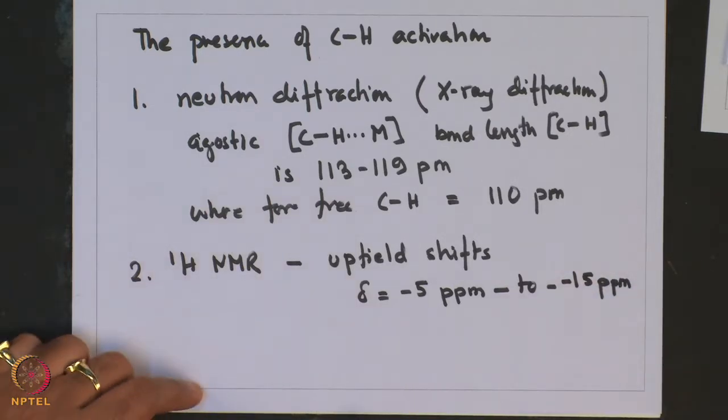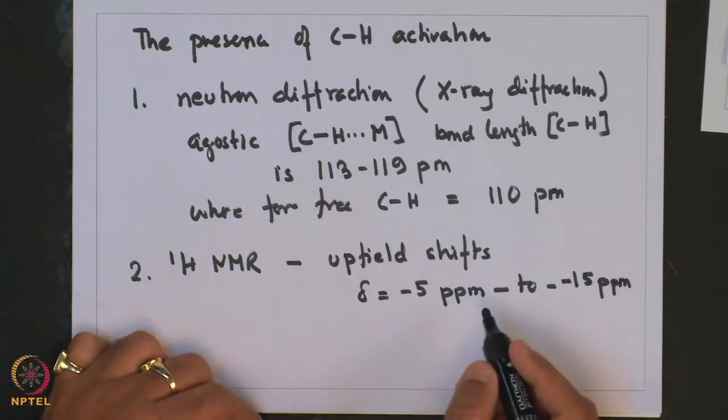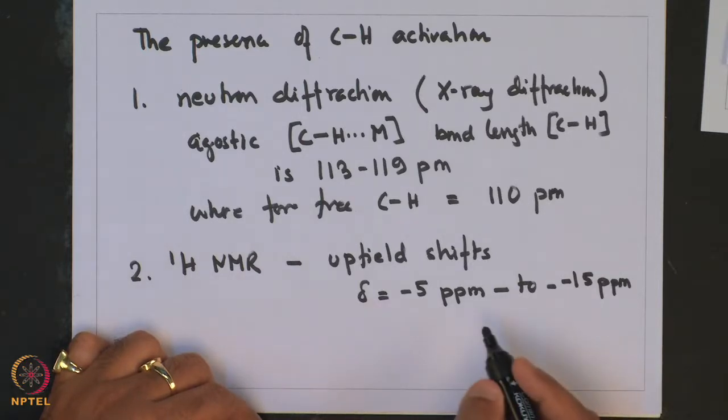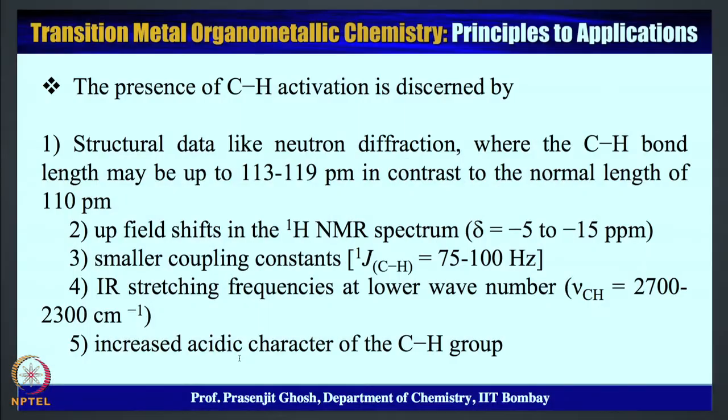So, this is a really very upfield shielded proton resonance, which can be easily picked up in proton NMR, as most of the other proton resonances appear between 0 to 10 ppm.